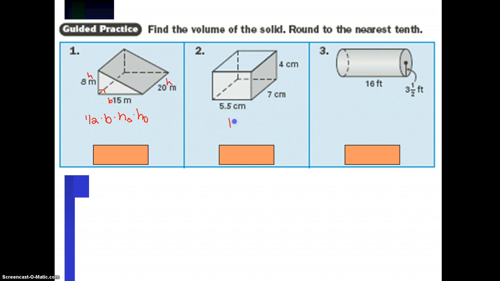Number 2, we have length times width times height. It doesn't actually matter which one's the length, which one's the width, and which one's the height. Cylinder, pi r squared times height. R is 3.5. Actually, let me just tell you which they are. You can put them in the formula.